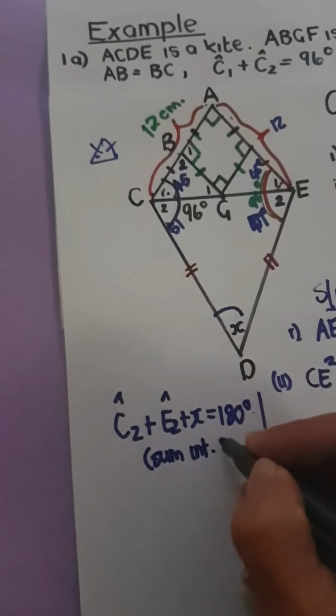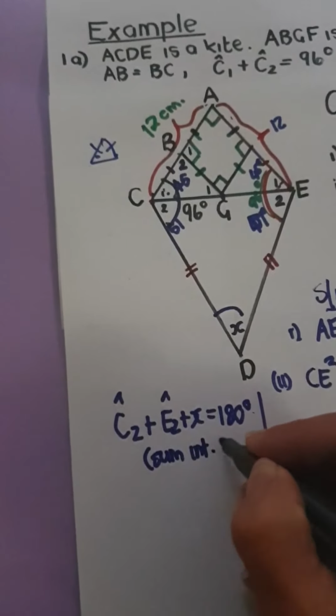So now I can substitute. Because I know what C2 and E2 is, so I'm going to get 51 degrees plus 51 degrees plus x must be 180. So if I simplify on that side, I get 102 degrees plus x equals 180 degrees.